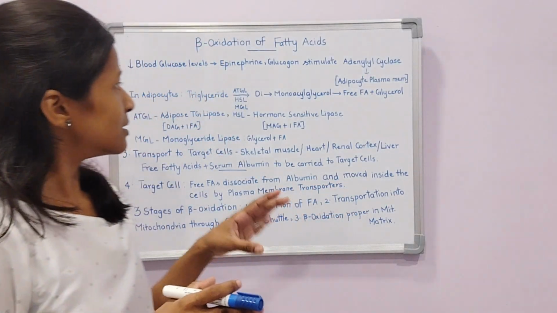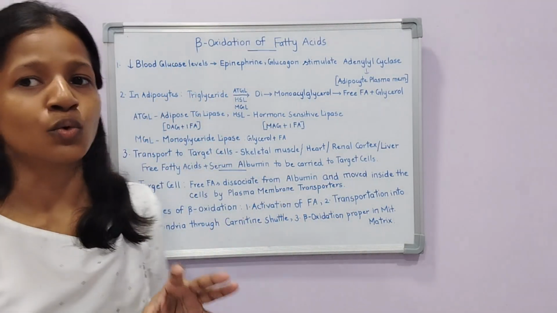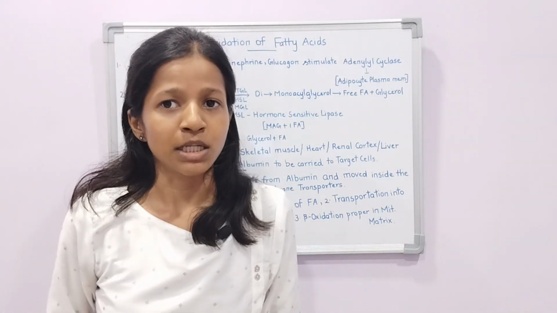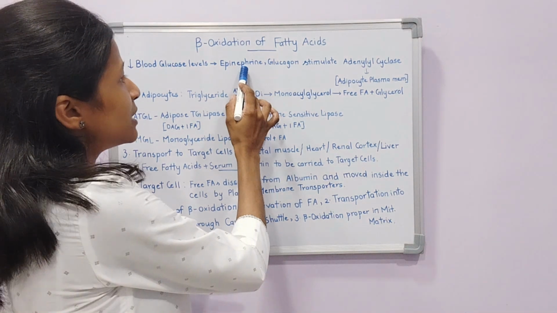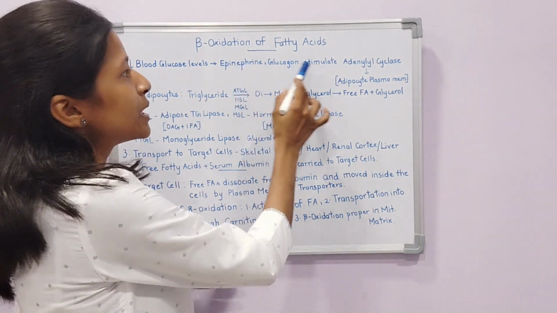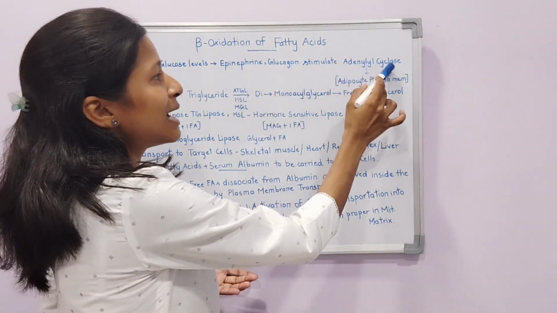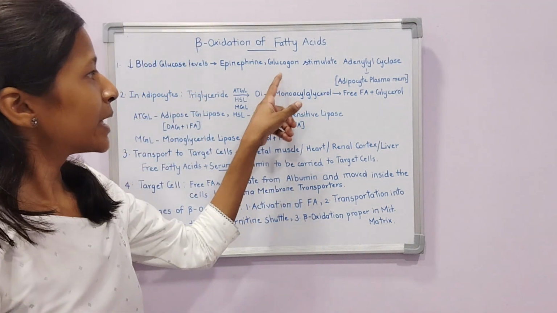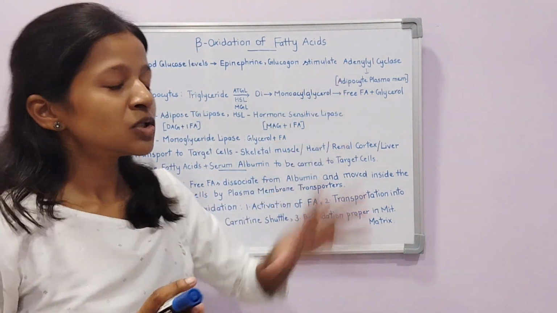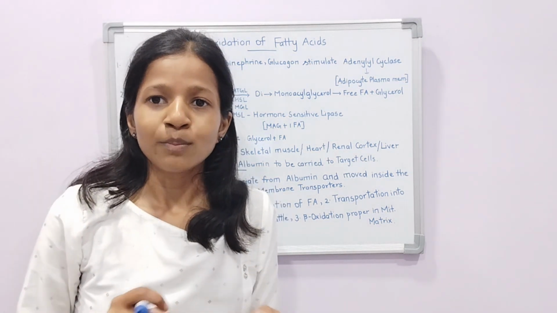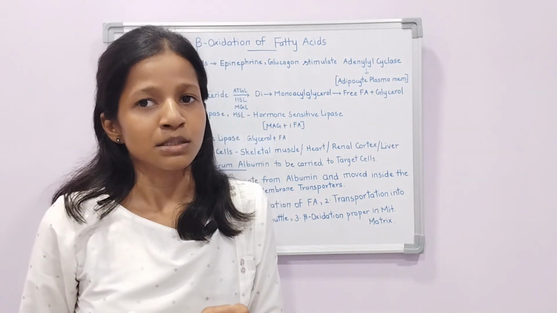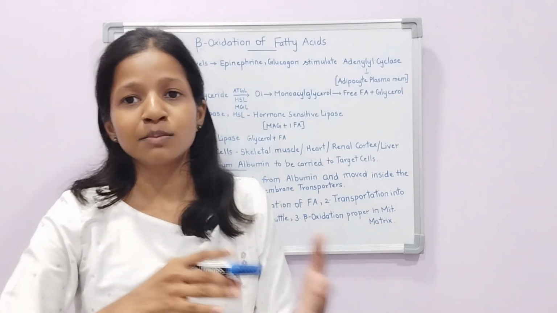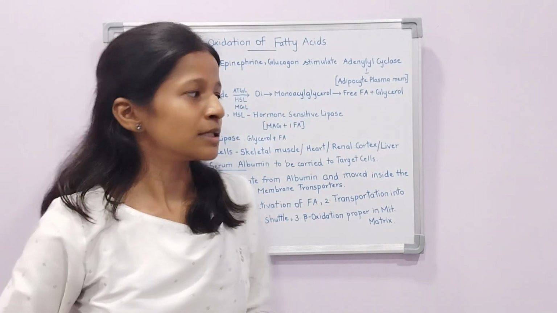So whenever there is a reduction in the blood glucose levels, or when there is an impending activity and the body requires energy, the hormones epinephrine and glucagon stimulate an enzyme called adenylyl cyclase in the adipocyte plasma membrane, and this enzyme triggers the lipid droplets to be acted upon by lipases, because the first thing that has to be done is the triglyceride molecule has to be broken down into free fatty acids.